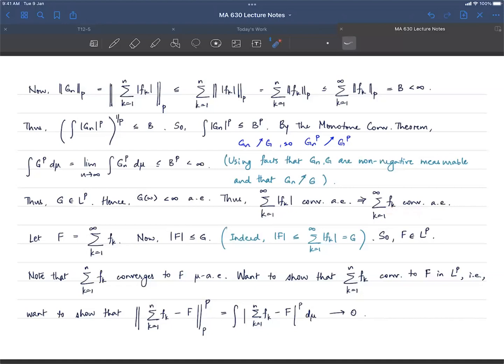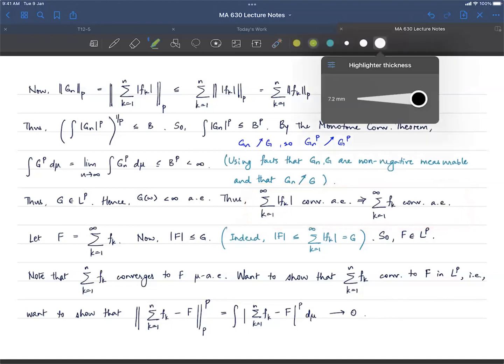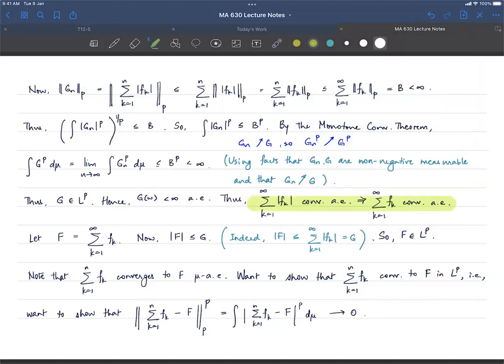Can somebody tell me why this is true? Why is this true? So the fk are positive? You don't know if the fk are positive.